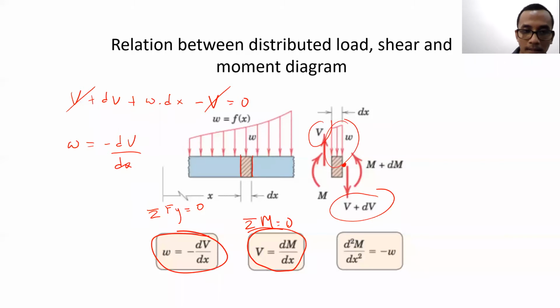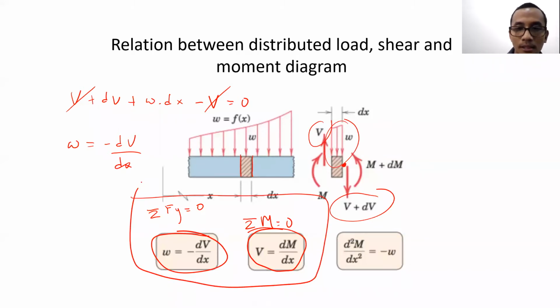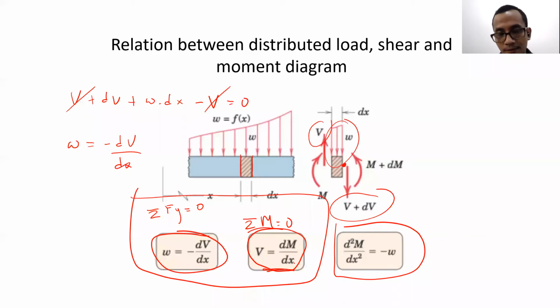Then by joining these two equations, we will be able to get this, because V from the middle equation here is actually dM per dx, the first derivative of M against x.